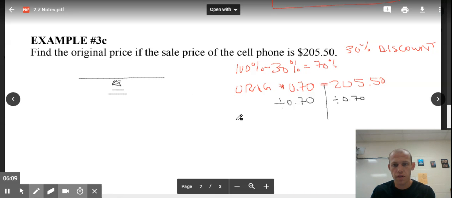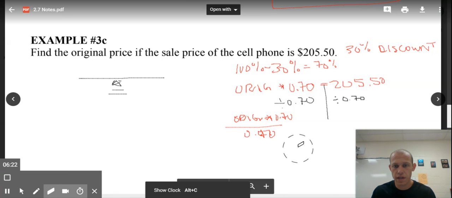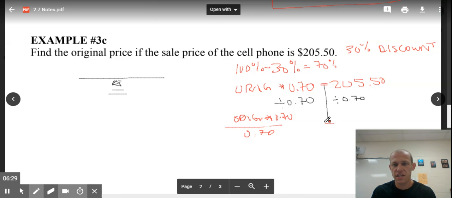So now we have the original times 0.70 divided by 0.70. Oops, I wrote that backwards. Let's erase that. And that's equal to whatever 205.50 divided by 0.7 is, which is 293.57.